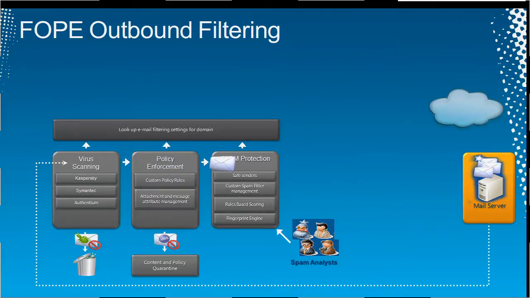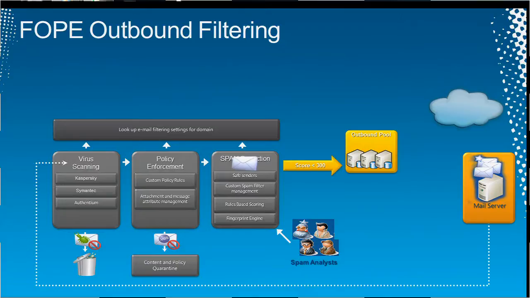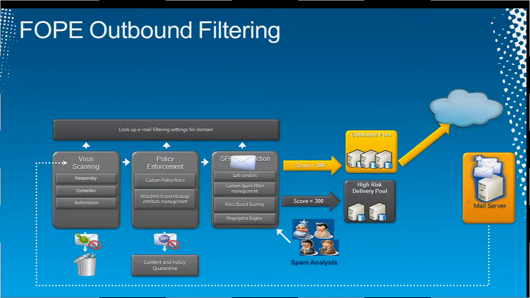And the third layer is spam protection. It is again score-based. I forgot to mention the inbound and outbound are both score-based, and whenever we hit a higher threshold, we either reject or pass it through. For outbound, any score of less than 300 rules being hit is delivered to the outbound pool for delivery. And any score of greater than 300 is sent via what we call the high-risk delivery pool.